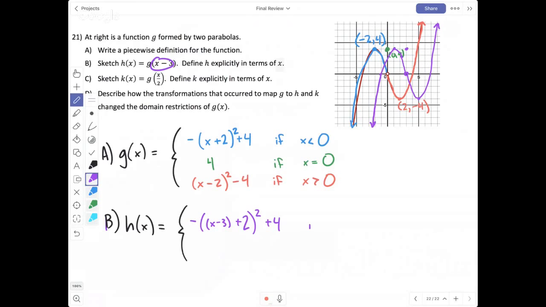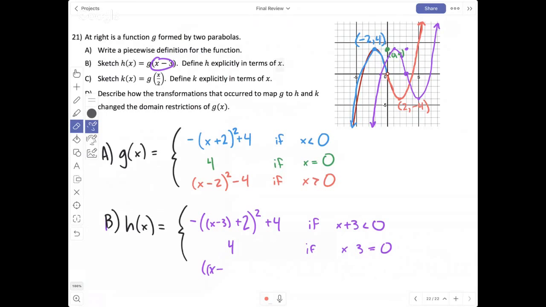4 if, and I saw an x, so I'm going to write x plus 3 less than 0. And then 4 if x plus 3 equals 0. And then here's the last part. And instead of x, I'm going to write x minus 3. Oh my gosh, lots of mistakes already.